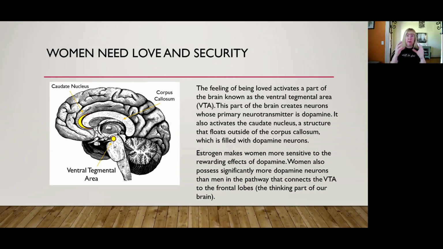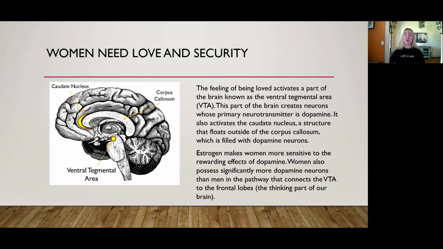Well, the corpus callosum and this caudate nucleus, they're filled with dopamine neurons. So that means that the VTA creates the dopamine neurons, this caudate nucleus is filled with dopamine neurons, and the VTA also activates the caudate nucleus filled with dopamine neurons. Why am I saying all this? It's because estrogen makes women more sensitive to the rewarding effects of dopamine.